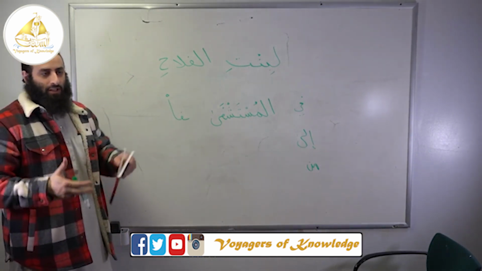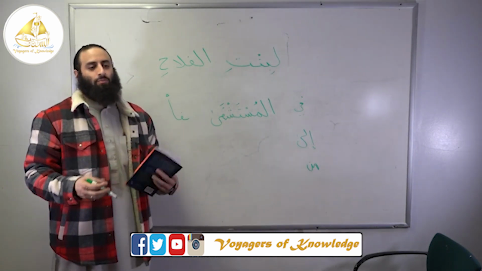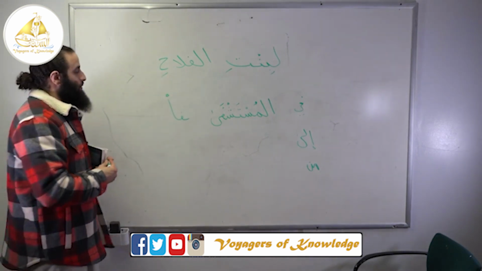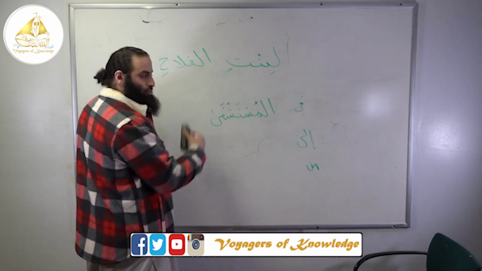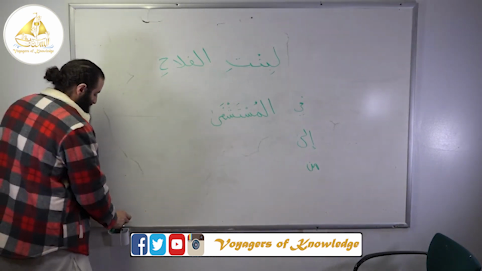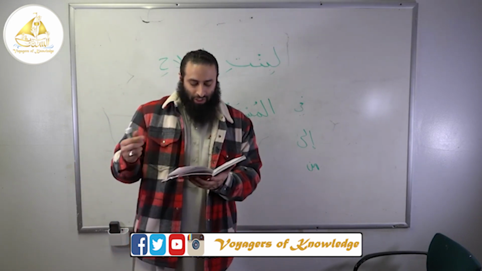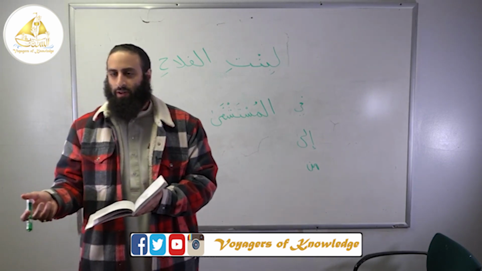So, in its place in the sentence, you would say it is majroor, but the symbol is not able to be shown because of the letter that is there. But you would still say it's majroor, even though it's not being able to show. So, المستشفى, في المستشفى, من المستشفى, إلى المستشفى.